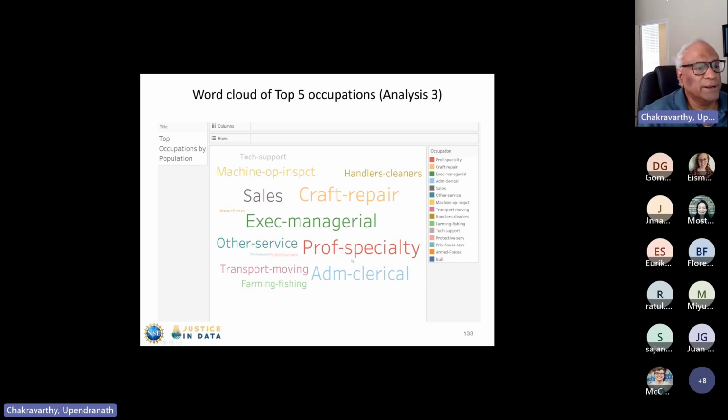Here, for example, this one has the biggest size, then comes craft repair, then this one. So this is a very easy way to visualize the results of the analysis so that you can immediately see, for example, that private household and protective services are very low, and armed forces seems to be very low in this data set.